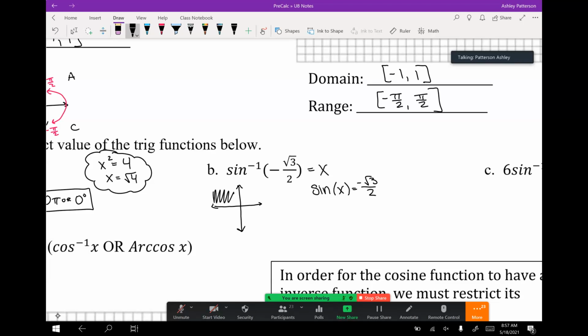We aren't in the second or the third quadrant. Now, since sine is negative, we're looking for an angle measure that gives us the sine of negative rad 3 over 2. We're not going to exist in that first quadrant. I need to find a reference angle in the fourth quadrant that's going to give me a sine value of rad 3 over 2.